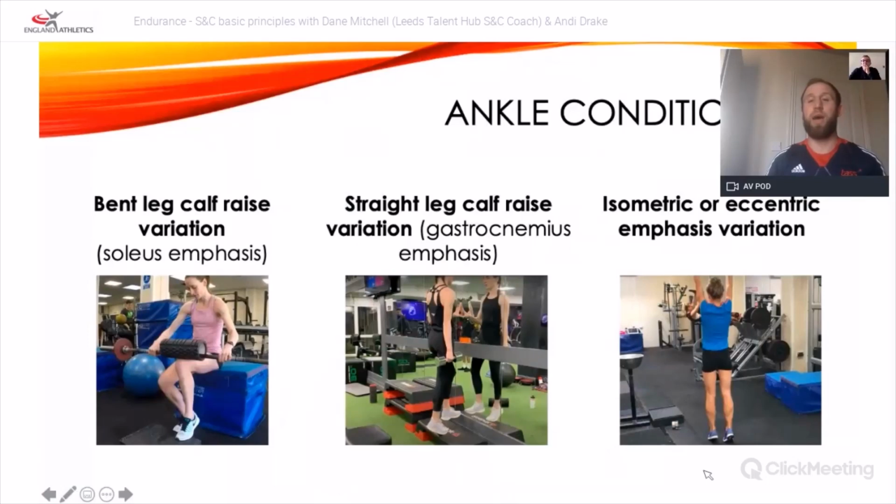An eccentric is where the muscle is contracting but slowly lengthening. Okay, and these give different adaptations. So depending on what the athlete's needs are, if they've maybe had tendon issues or muscle strain issues, I may be very selective and very specific in the variation I give them.